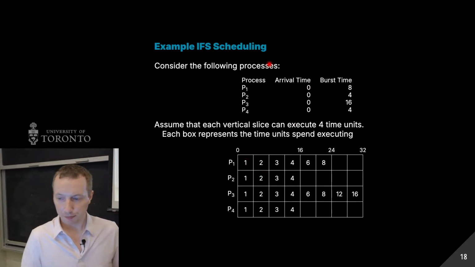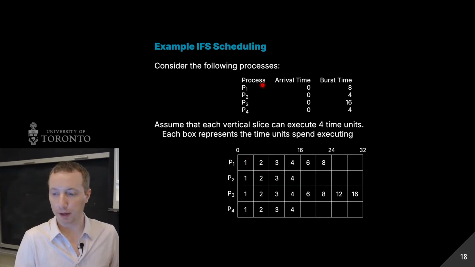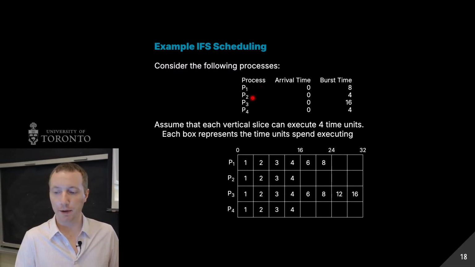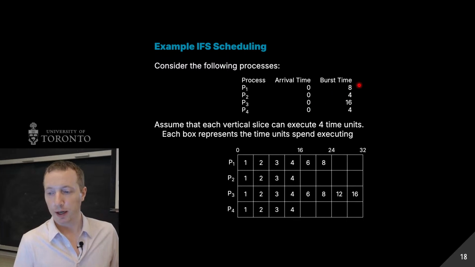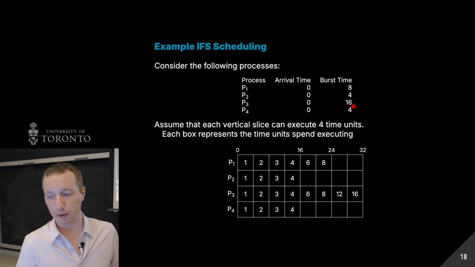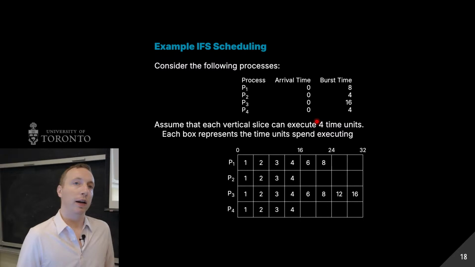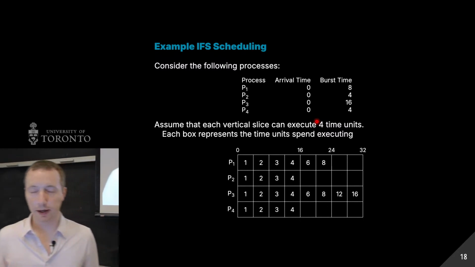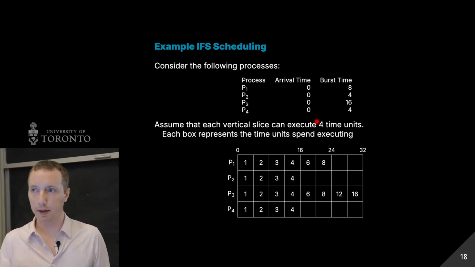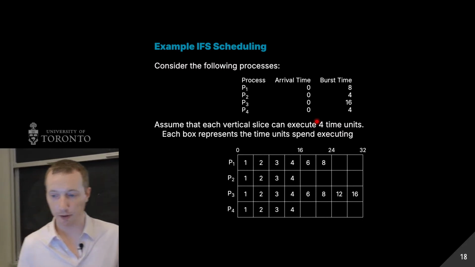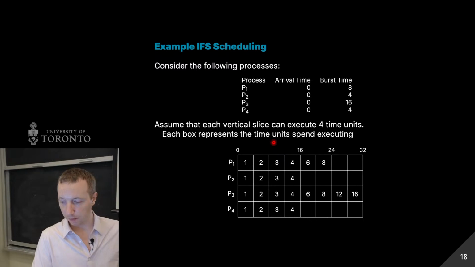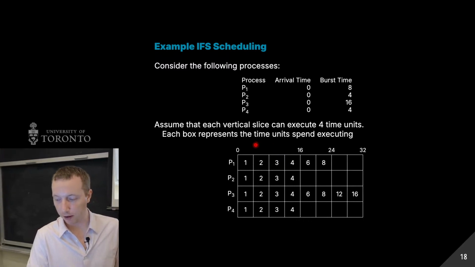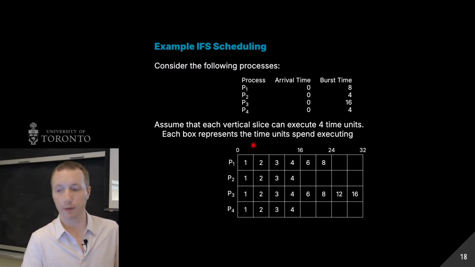So here would be an example of the ideal fair scheduling. Say we have 4 processes that all arrive at time 0, and their burst times are 8, 4, 16, and 4. In the ideal case, where we're being completely fair and ignoring time to context switch, and assuming we can share them actually equally, I'll start by dividing all of the segments into blocks of 4.